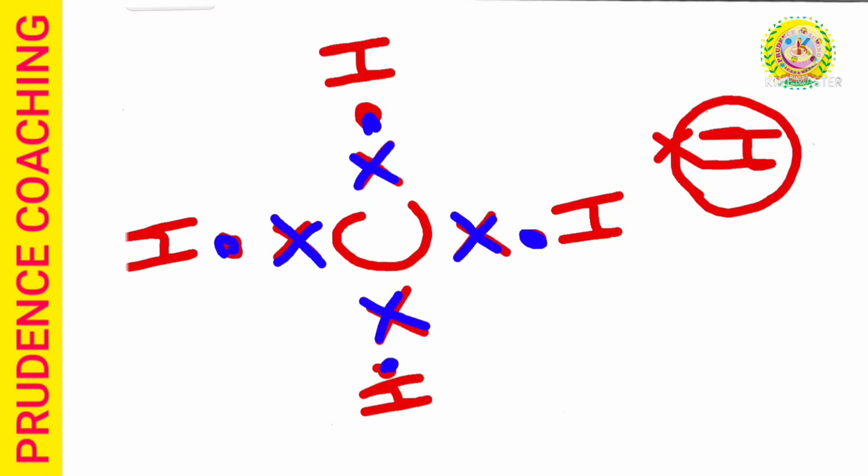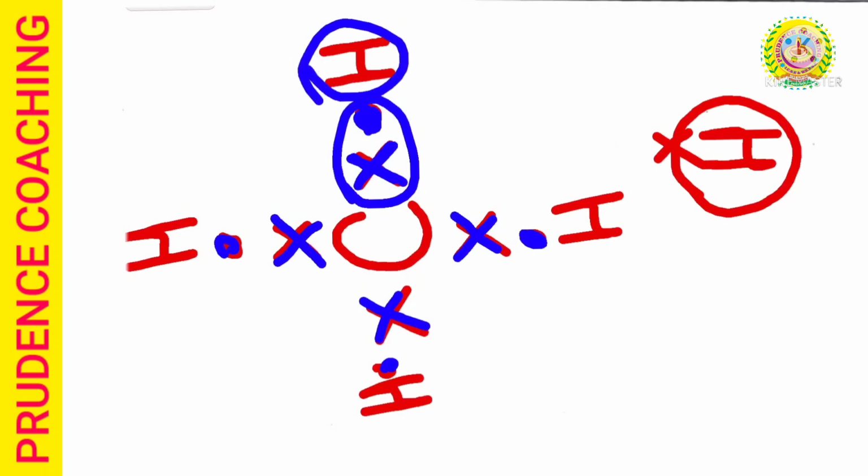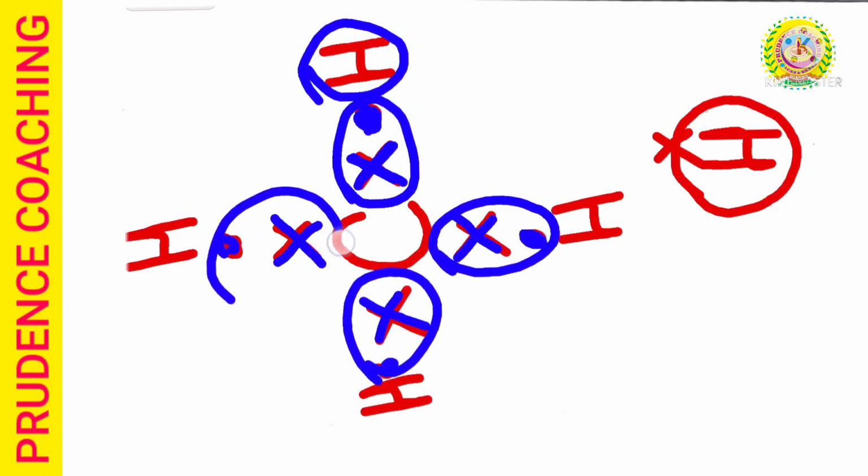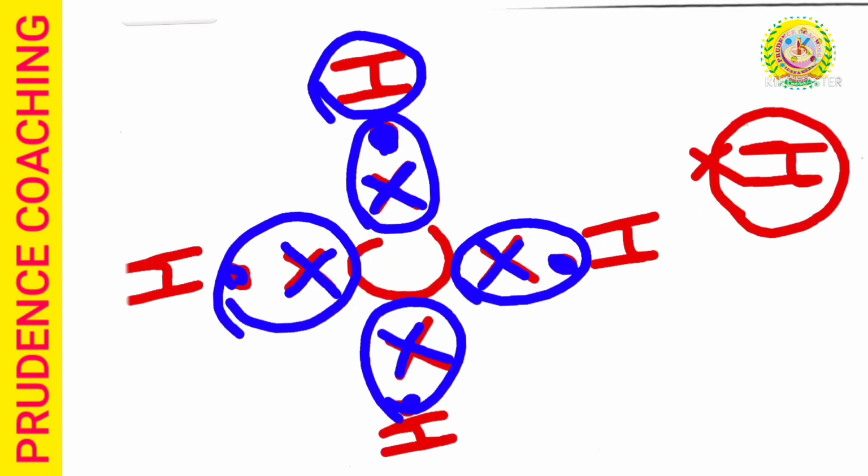Here, hydrogen is having 1 and here 1. That means this hydrogen is having 2 electrons in the outermost shell. So it has attained its doublet. So it is also stable now. Here also 2, here also 2, here also 2. Both the atoms of carbon and hydrogen have attained stability by sharing the electrons among themselves.